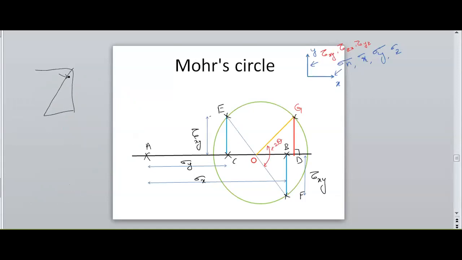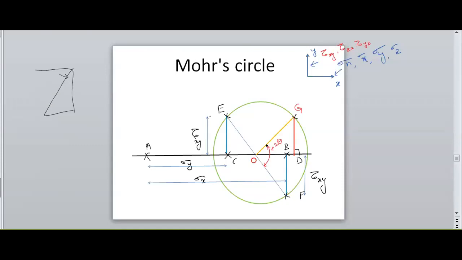In the body we'll have only theta, but in the Mohr circle, we need to consider 2 theta at point O, making an angle from OF, and draw a ray OG.